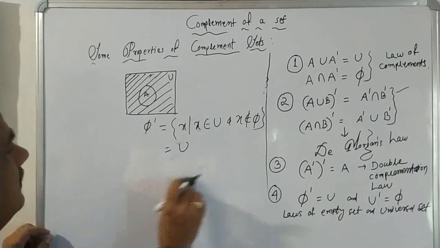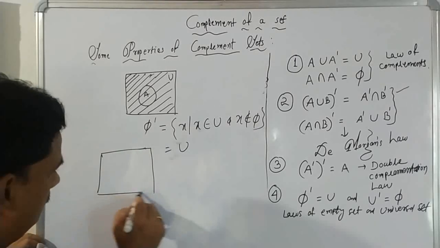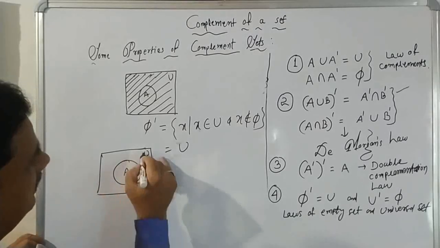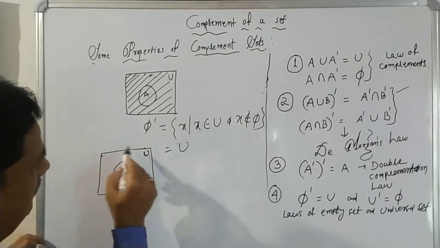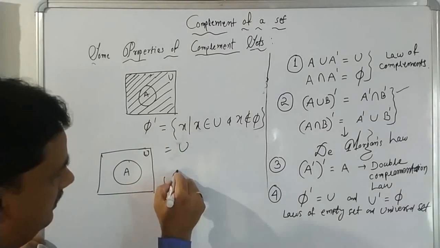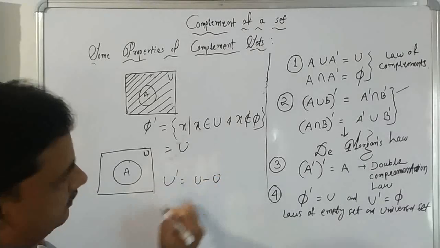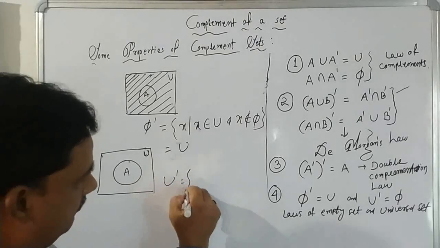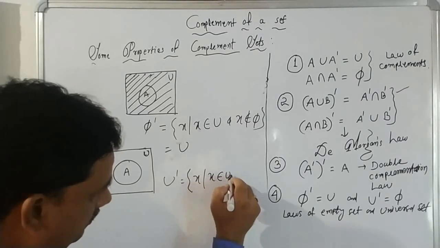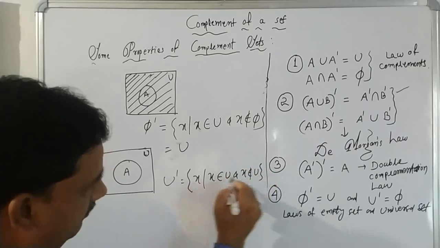Similarly, U dash. This is U, this is A. U dash means you will leave completely U. U dash means it's U minus U, or in set builder form you write X such that X belongs to U and X doesn't belong to U. And what is this?